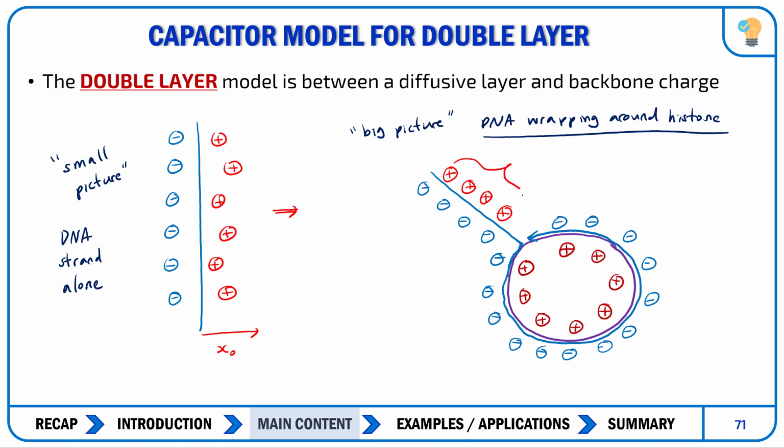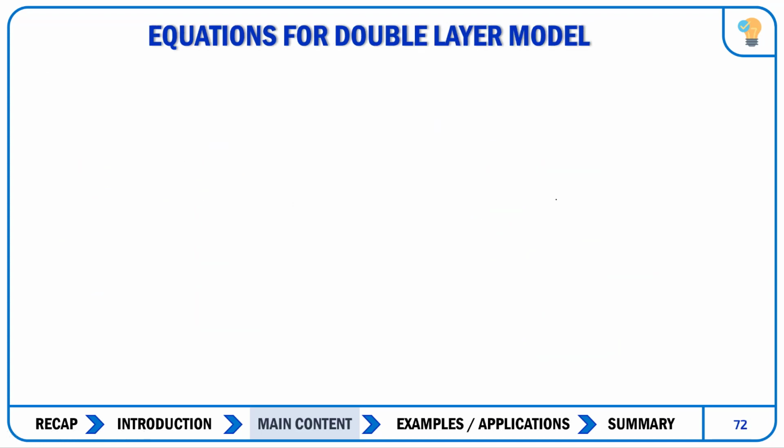These would be considered the small picture, and it would be counter ions acting on a specific area of the surface. So then we look back to the energy equations again.